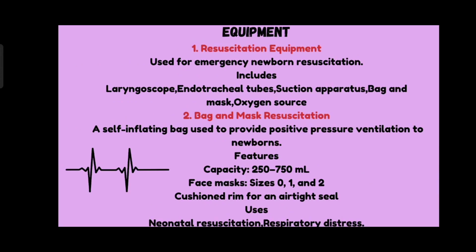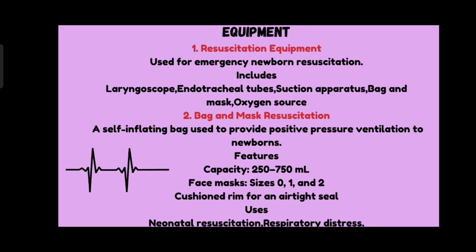Next one is the equipment. Under the equipment, first one is the resuscitation equipment. Resuscitation equipment means the equipment we use for resuscitation, which includes the laryngoscope, endotracheal tube, suction apparatus, bag and mask and the oxygen source.